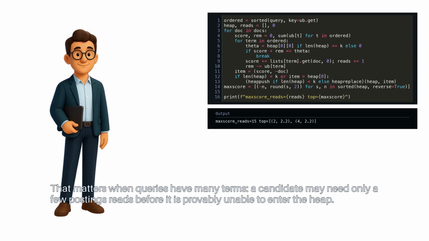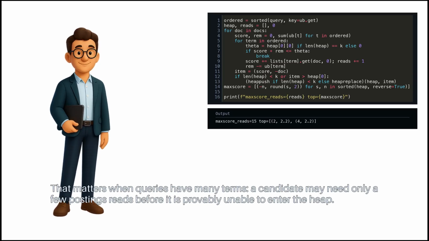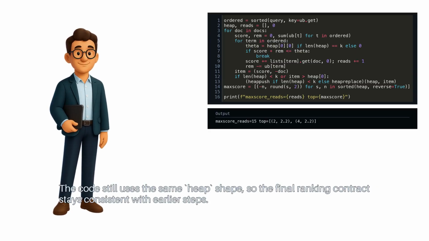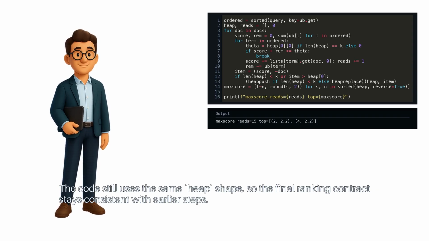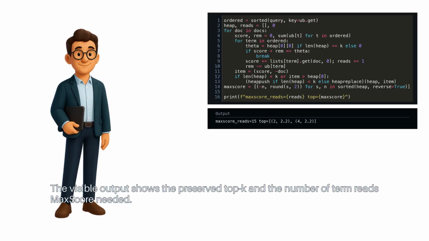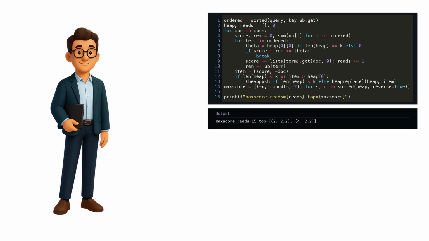That matters when queries have many terms. A candidate may need only a few postings reads before it is provably unable to enter the heap. The code still uses the same heap shape, so the final ranking contract stays consistent with earlier steps. The visible output shows the preserved top K and the number of term reads MaxScore needed.